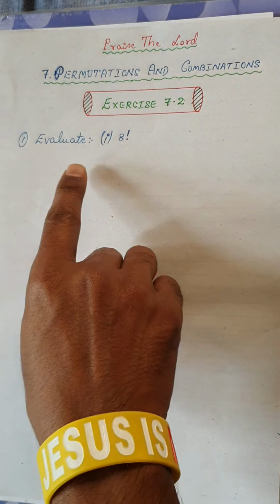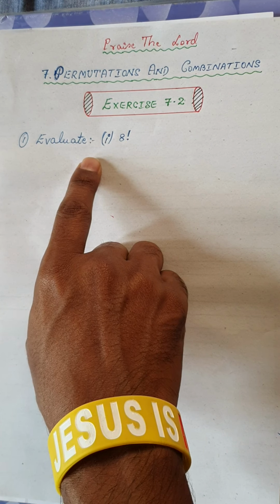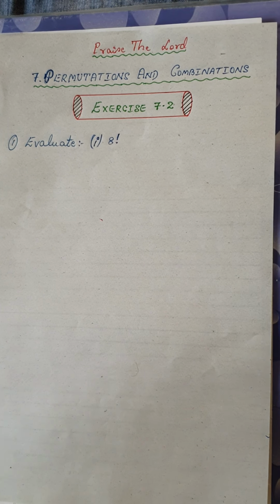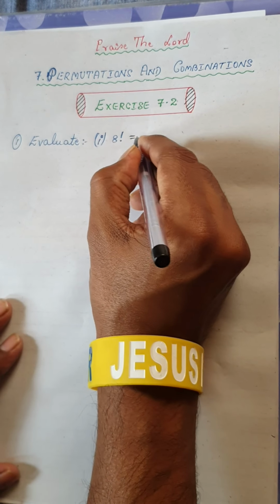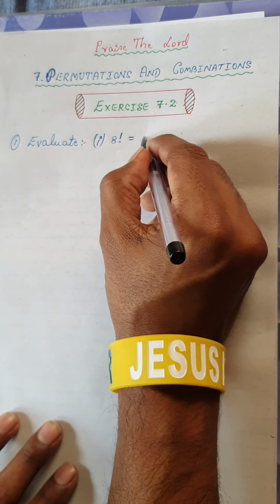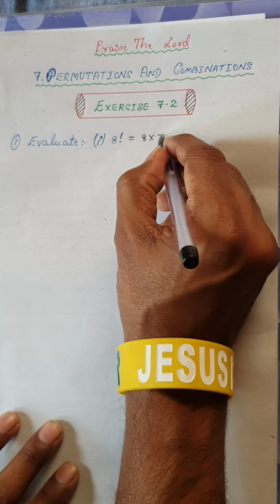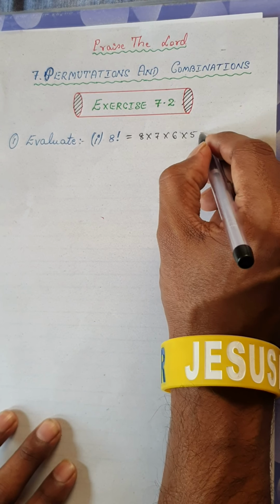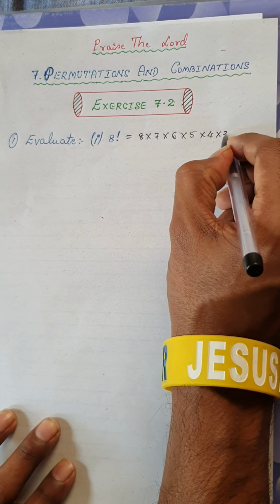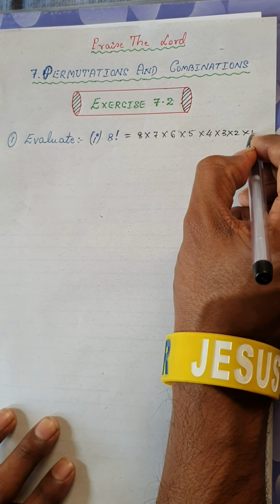So the first question is a very simple question. Evaluate. Evaluate means find the value of 8 factorial. So what is 8 factorial? It's quite a simple question. These are all 1 mark questions. So we know 8 factorial is nothing but starting with 8 multiply up to 1. So 8 into 7 into 6 into 5 into 4 into 3 into 2 into 1.